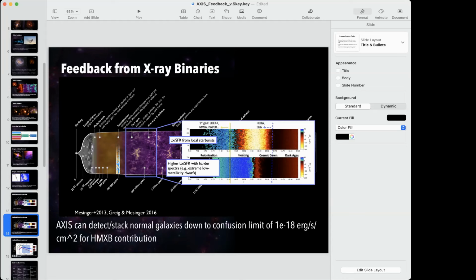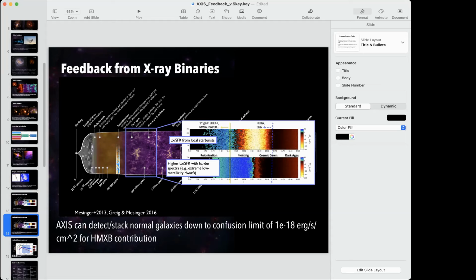X-ray binaries may be important not only for the epoch of heating through direct influence of the X-ray photons on the IGM, but also during the epoch of reionization through production of ionizing photons or facilitating escape of the ionizing photons from some of the earliest galaxies.